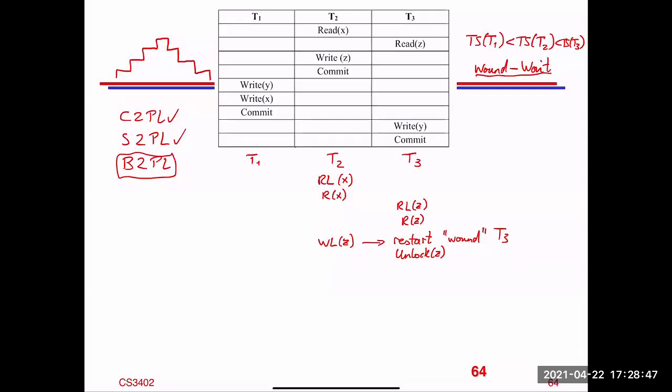And to make this more interesting, let's assume that we're releasing all the locks as soon as we can. So what is the next operation going to be here in this transaction T2, after I acquire this write lock successfully? I'm going to write Z.